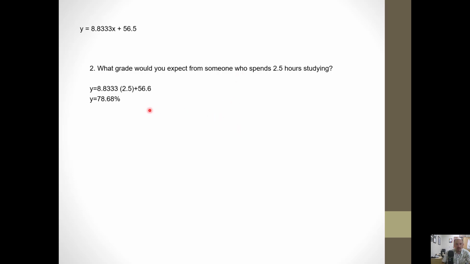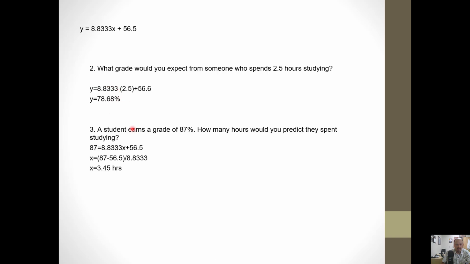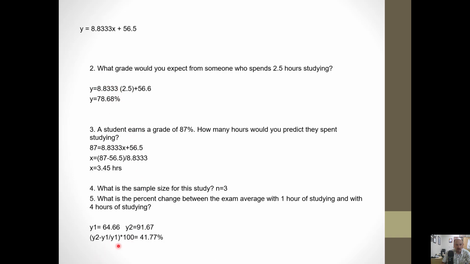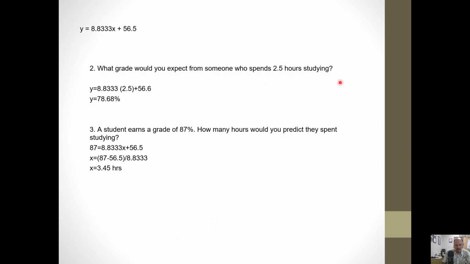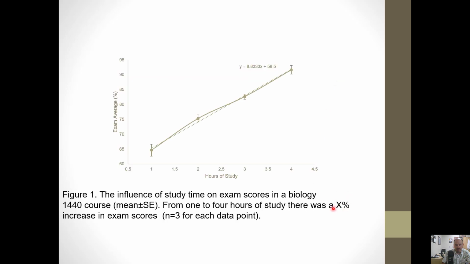And so then you plug in the equation there, y2 minus y1 divided by y1 times 100, and we get a percent increase of 41.77%. Now, if this came out as a negative number, that would be a percent decrease, but in this case, it's a percent increase of 41.77. So you could put 41.77% increase in exam scores right there, where I have X in the example caption.